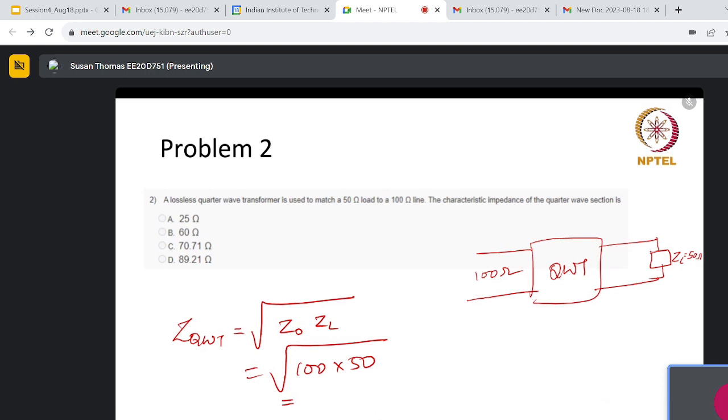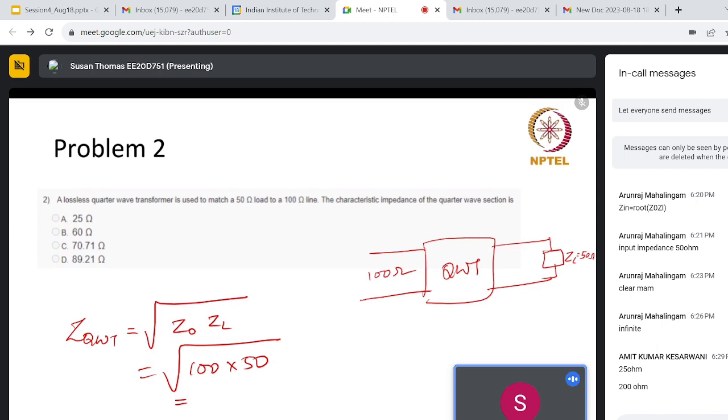I think there are some answers in the chat: 25 ohm, 200 ohm. There are two options.